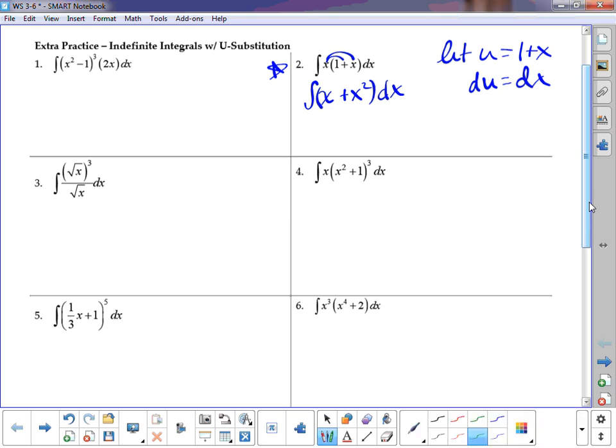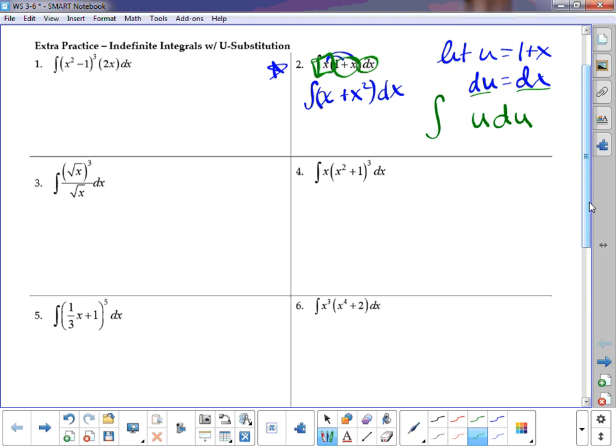When I go to rewrite my integral, I have that this guy is u, and I have that dx is just du, but my problem is that I still have an x sitting here, and I have to deal with that. I cannot have an integral at any point in time that has both x's and u's in it at the same time. So we can still do u substitution, but you have to do something fancy here.